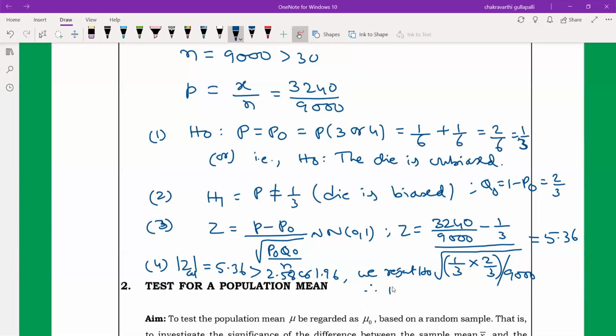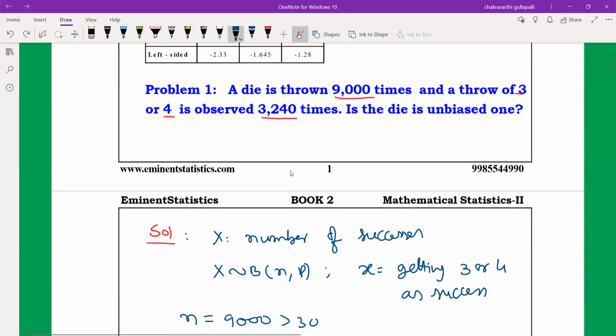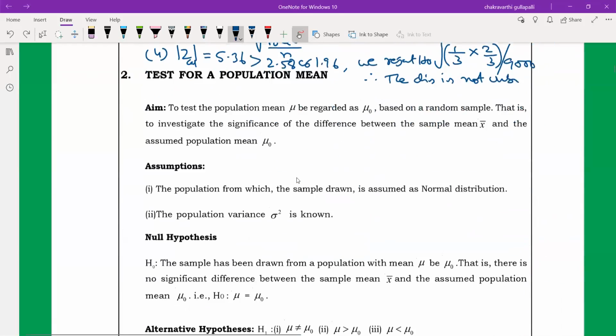Therefore, the die is not unbiased. The die is not unbiased.